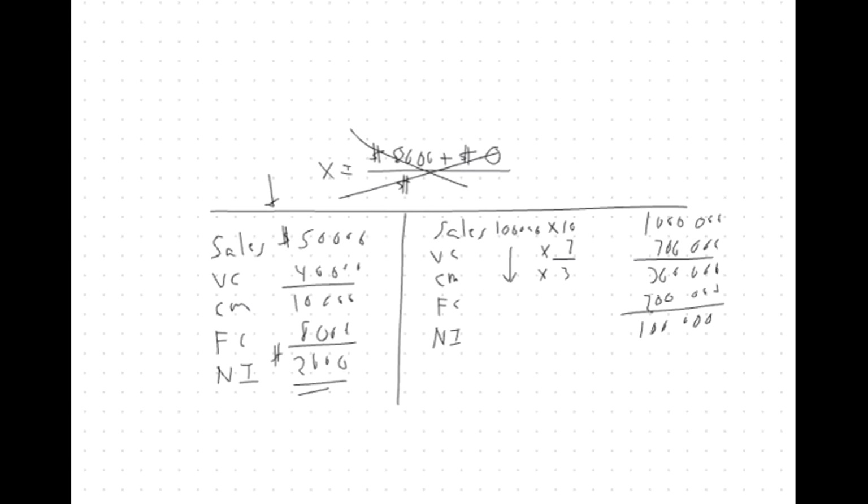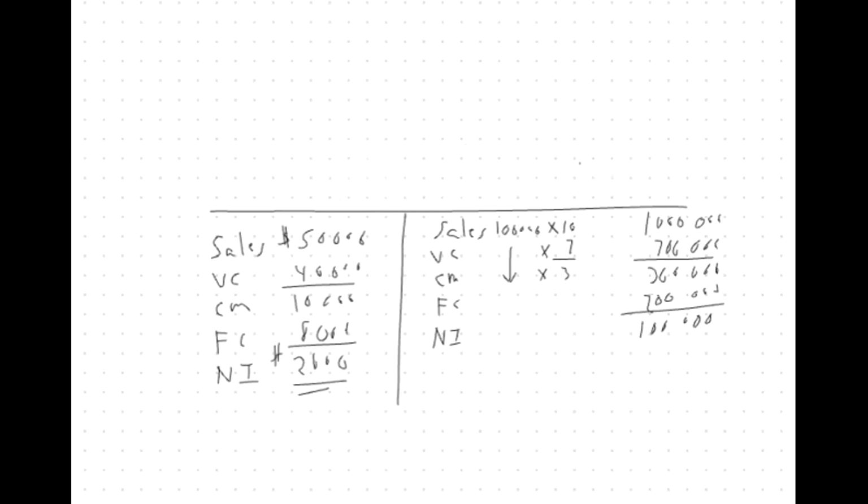But as you can see over here, you can't do something like that. Luckily, there is another formula. The X formula gives you your answer in units. There is an alternative formula, and I'm going to call it the Y formula.